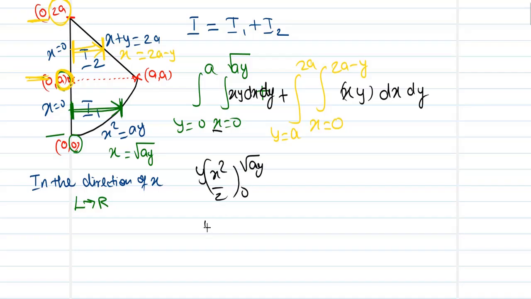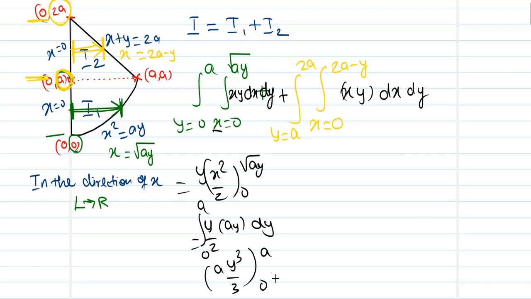So this gives you y by 2, root ay squared is ay. So it is a y square, on integration y cube by 3 between the limits 0 to a. Integrating 0 to a with respect to dy, I have the final answer as a cube by 3.